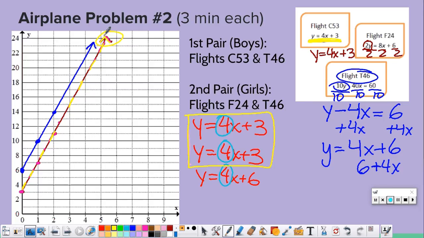Keeps going. So how many more points are they going to have in common? A lot. Are we going to be able to count them? No, because the line is never going to stop. So how many points do they have in common? All of them. Infinite.